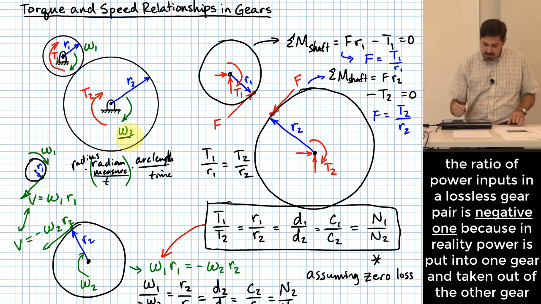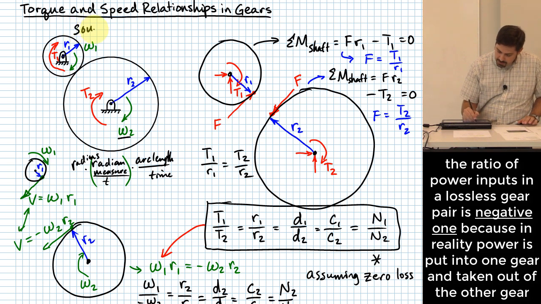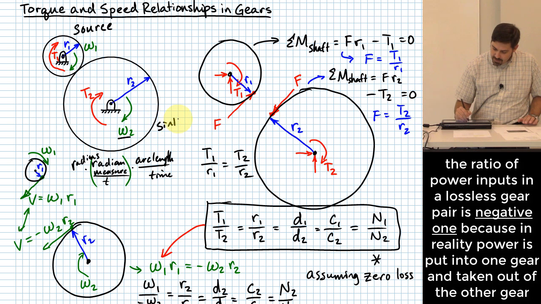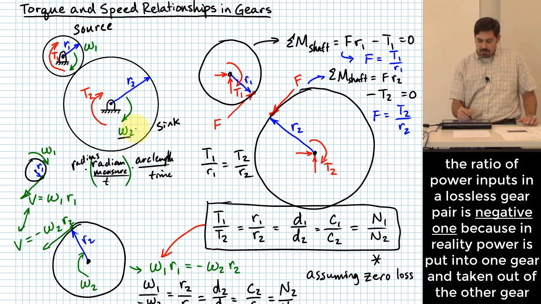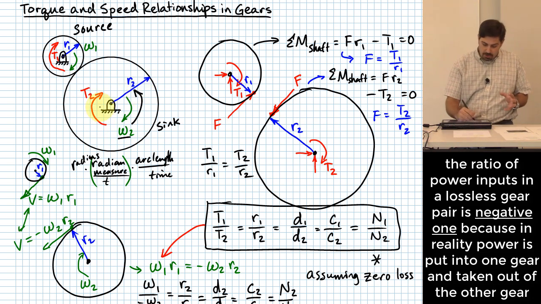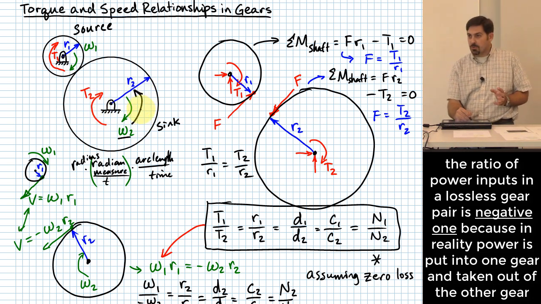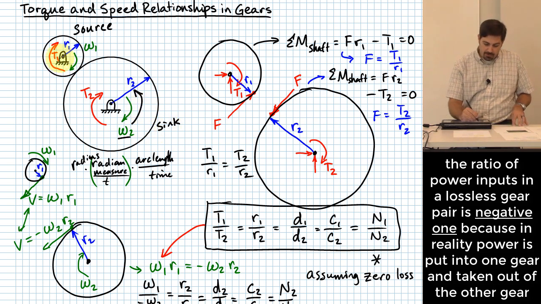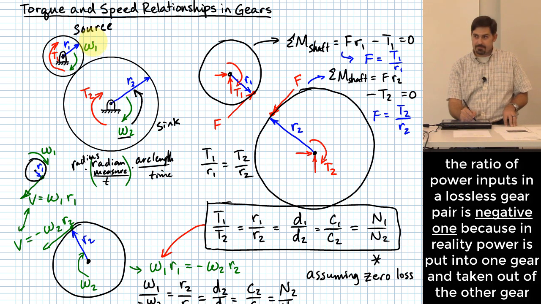In that case, this would be the source up here, and this would be the sink down here, because if this was actually going the other way, then your torque direction is opposite the direction of the actual rotation, so you're sinking energy in that one, whereas you are providing energy to the top one.